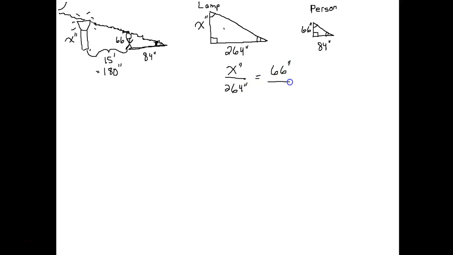We can say lamppost height over lamppost shadow equals person height over person shadow. We can do the whole cross multiplying. Remember, we're solving proportions, a little shortcut. Cross multiply equals cross multiply. So you have to solve for x.